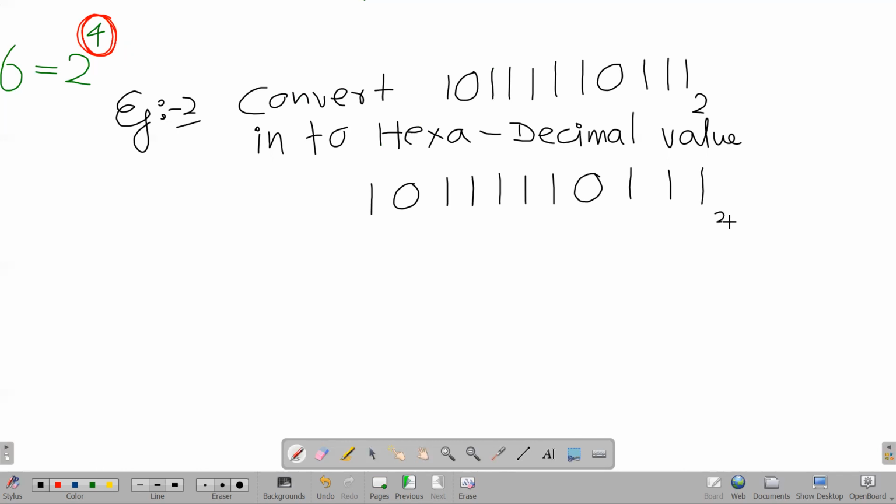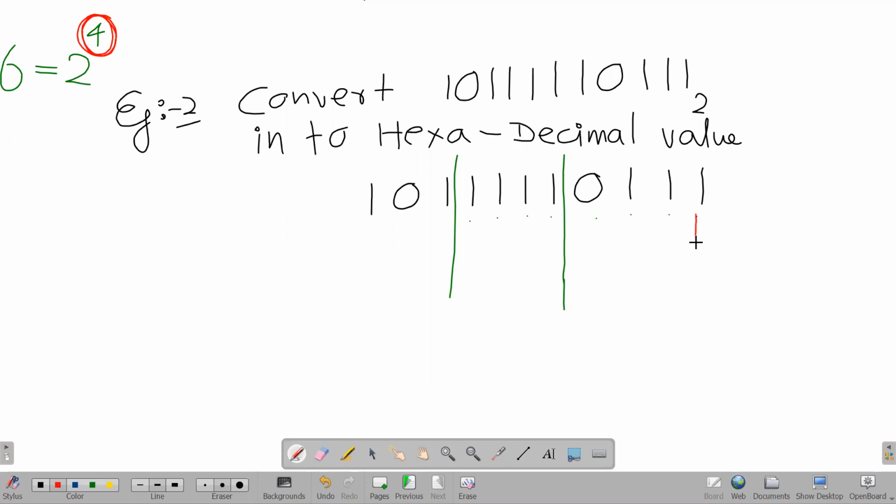All right. And we are going to group these starting from your right hand side, counting as 1, 2, 3, 4. So 1, 2, 3, 4, 1, 1, 2, 3, 4, 1. So how are the place values going to be?